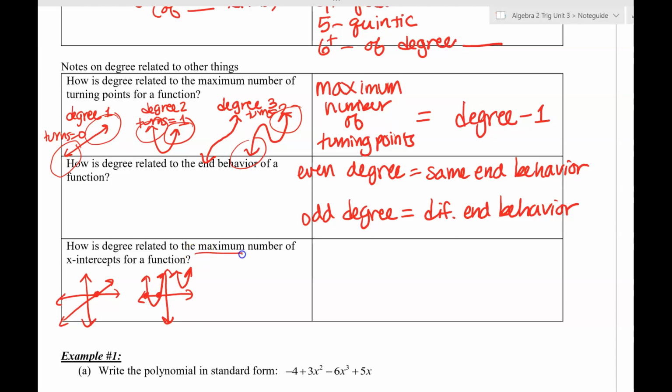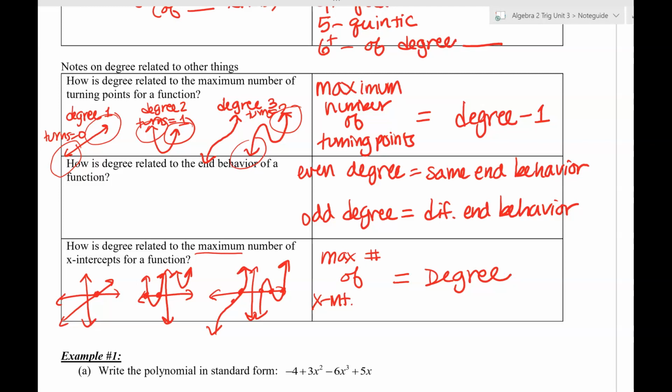So again, that's why this says maximum. A cubic will definitely cross because the ends go different directions, but it might just cross once, or it might cross 3 times because of those 2 turning points. So again, we can't tell you exactly how many times it's going to cross, but we can tell you the most times that it could cross. So the maximum number of solutions, or x-intercepts, is equal to the degree.